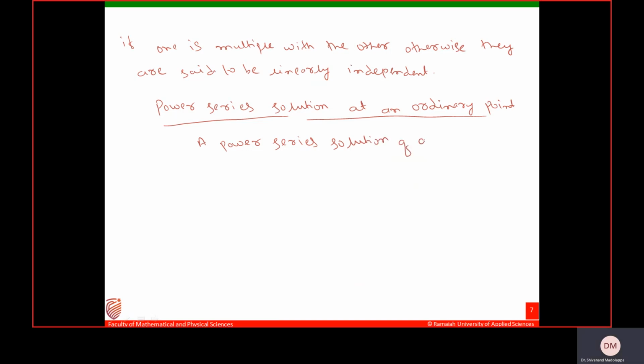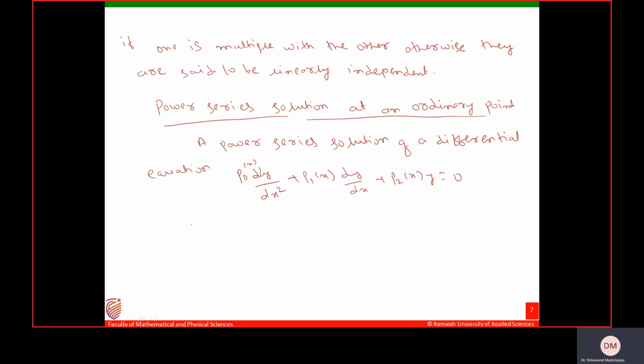Consider the differential equation, equation number 1: P naught of x d2y by dx square plus P1 of x dy by dx plus P2 of x y is equal to 0.